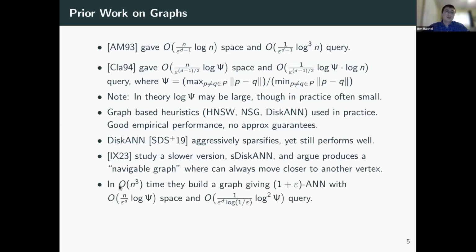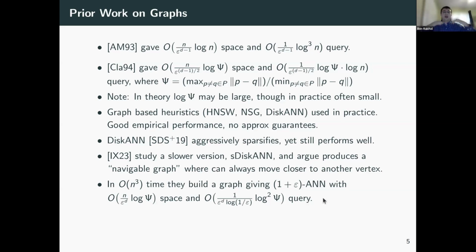And what they showed is that this version of the algorithm in cubic time, they can build a 1 plus epsilon approximate nearest neighbor, and they can do it with log spread n over epsilon to the d space and log squared spread over epsilon to the d log 1 over epsilon query time. Okay, so comparable to these results on the top of the slide.